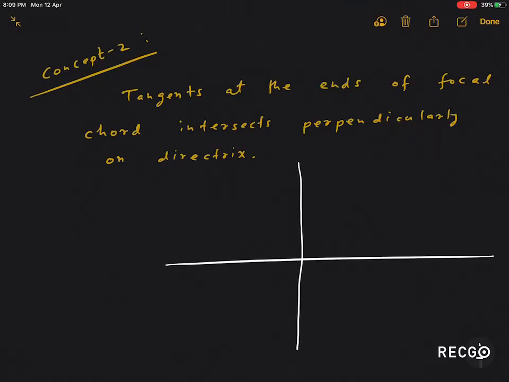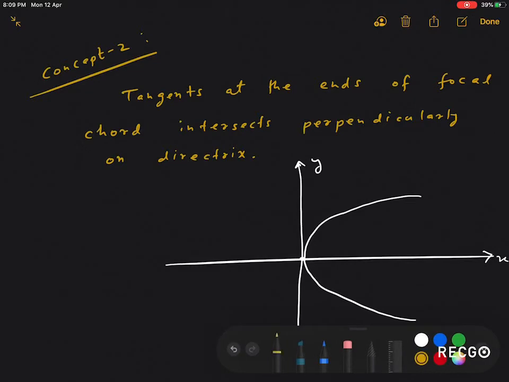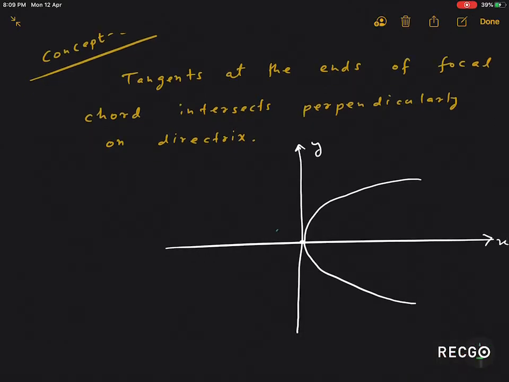What I mean is that if I draw two tangents at the two ends of the focal chord, then the angle between these tangents will be 90 degrees, and the point of intersection of the tangents will again lie on the directrix. Let us visualize with the help of a diagram what I mean.